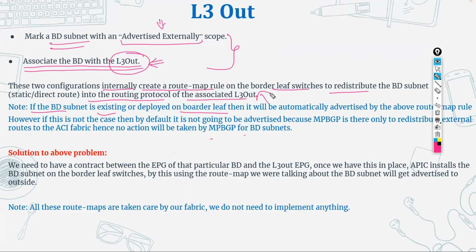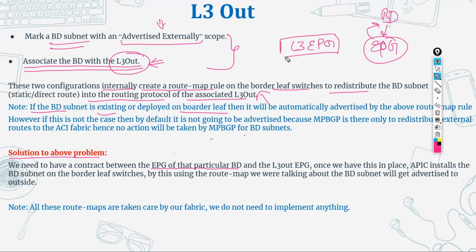But let's say that particular BD is not deployed on the border leaf. Then by default it is not going to be advertised, because that BD does not exist on the border leaf. The solution to this problem is that we need to have a contract between the EPG of that particular BD and the L3 out EPG. There will be some EPGs associated to that BD, and we'll also have an EPG for the L3 out, the layer 3 out EPG.